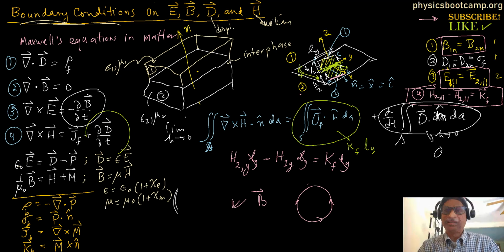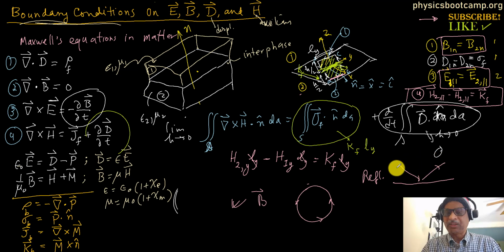This was a little bit theoretical discussion about how to relate fields across interfaces, and we are going to use this when we do electromagnetic waves. In an electromagnetic wave, say you want to know reflection, then you will have some medium here, and you're going to reflect. You want to know which way it is going to reflect.